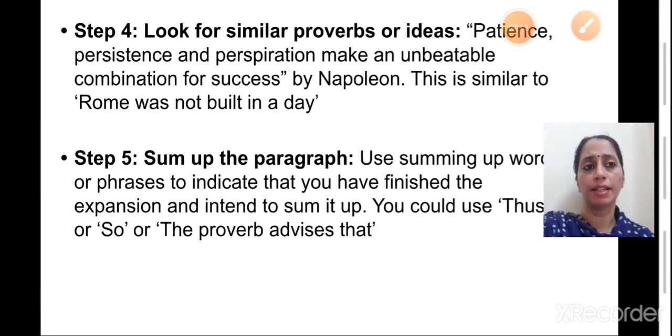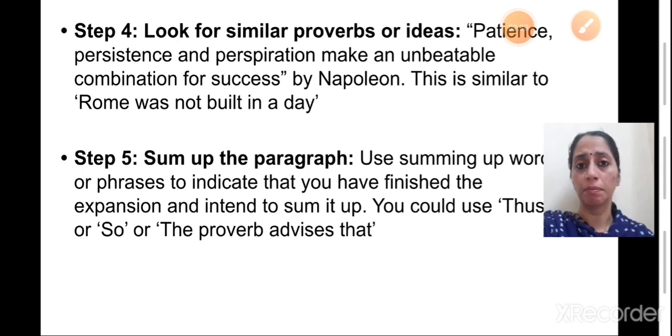One such is, patience, persistence and perspiration make an unbeatable combination for success, which was said by Napoleon.